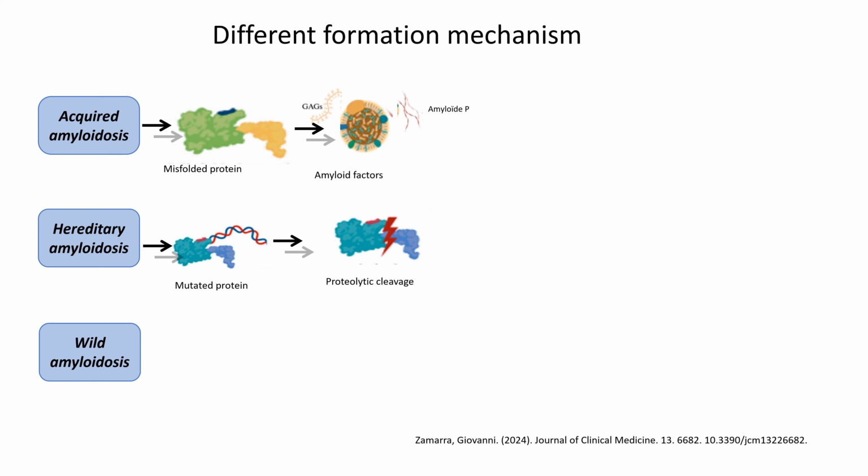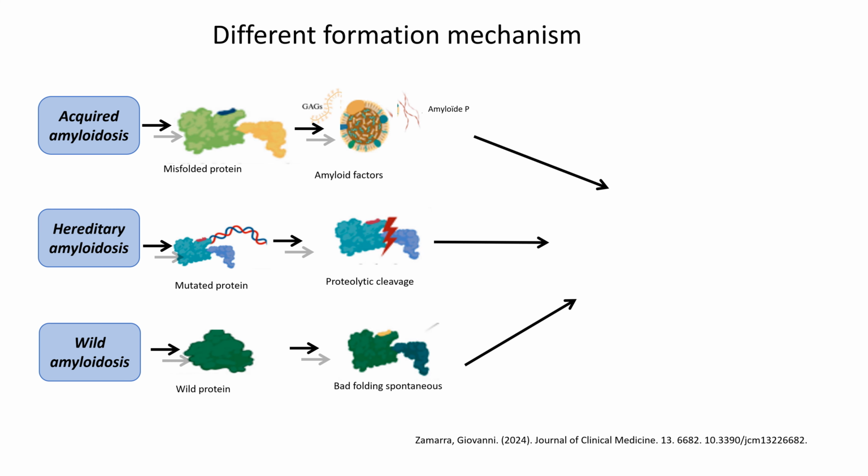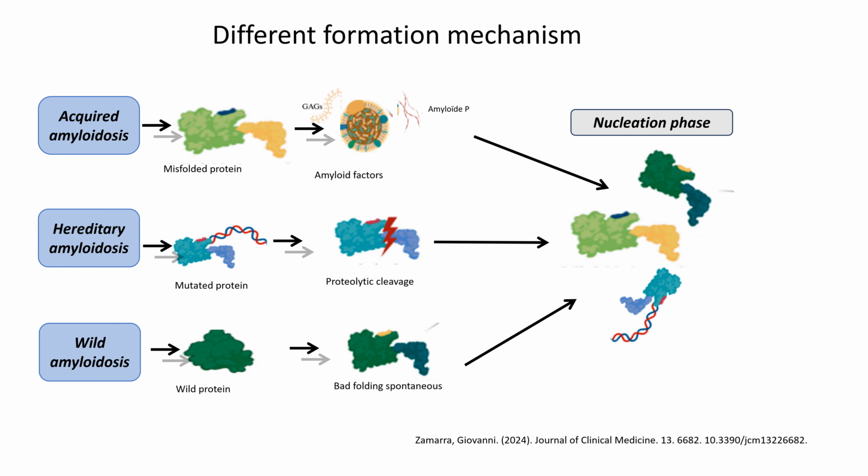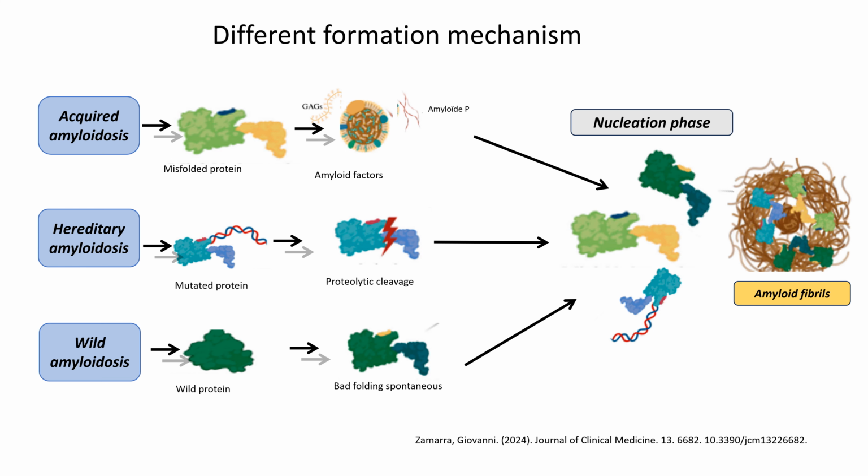Despite their different origins, all pathways converge in the nucleation phase, leading to the formation of insoluble amyloid fibrils characterized by a cross-beta-sheet structure.